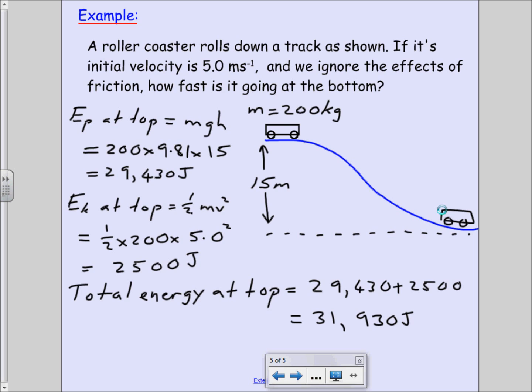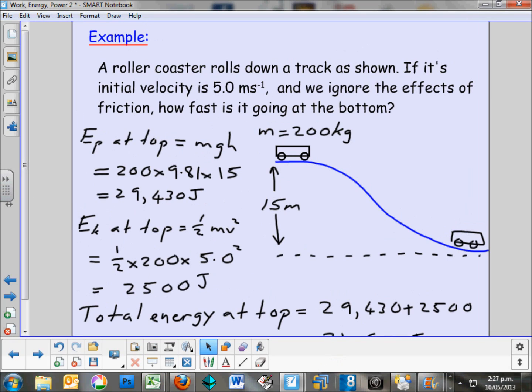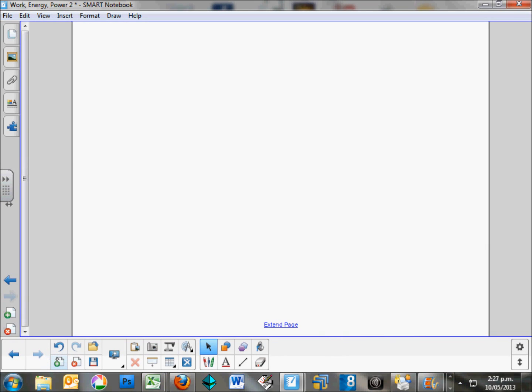So if that's the total energy at the top, then that's going to be the total energy also at the bottom. I think we're going to just need to create another page here just to be able to finish the working off. Just do that. Okay, that'll do. Remind ourselves of what was on the previous page.